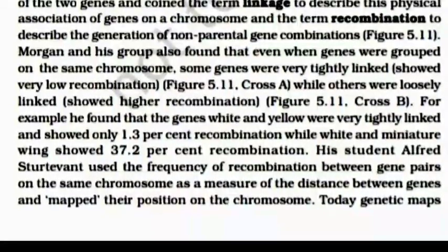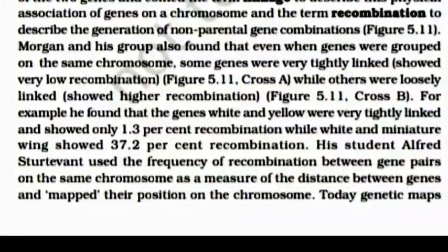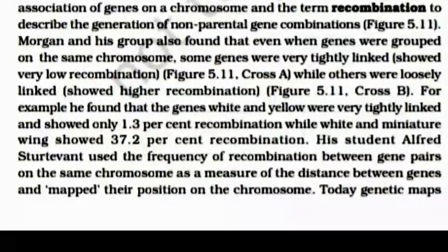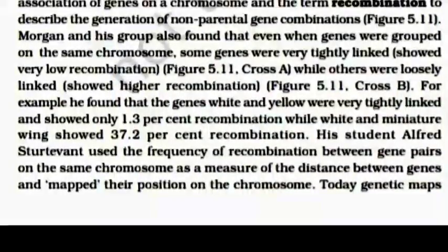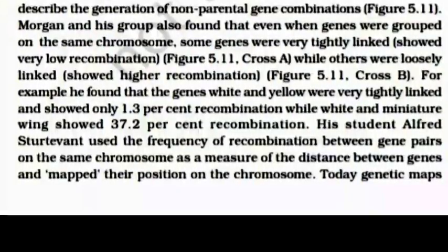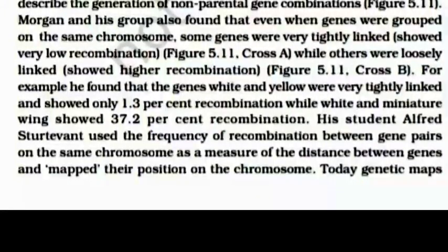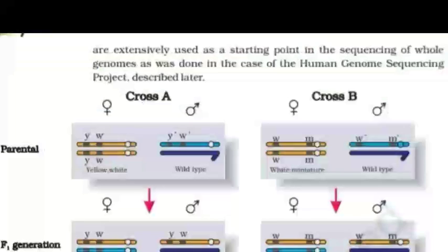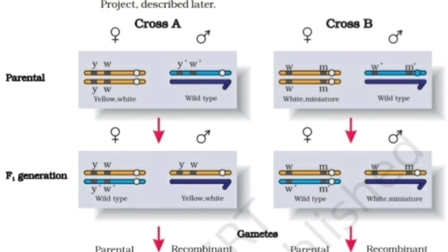His student Alfred Sturtevant used the frequency of recombination between genes that are on the same chromosome as a measure of the distance between genes and mapped their position on the chromosome. Today, genetic maps are extensively used as a starting point in the sequencing of whole genomes, as was done in the case of the human genome sequencing project, described later.